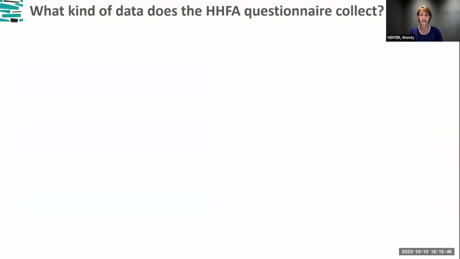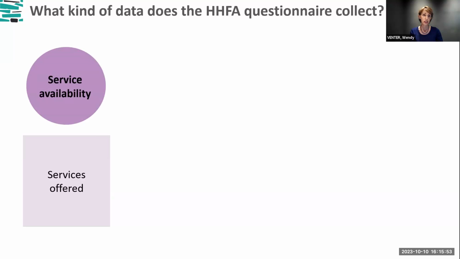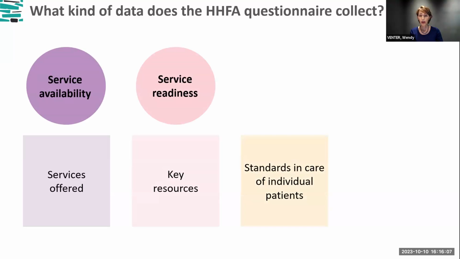So what kind of data does the HHFA questionnaire collect? Firstly, we look at the services offered, and we call this service availability. Then we look at the key resources such as trained staff, guidelines, equipment, lab tests, medicines, and supplies, and we call this service readiness. We look at whether providers are implementing the correct processes in the way they are caring for individual patients.